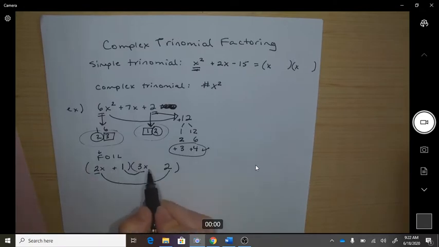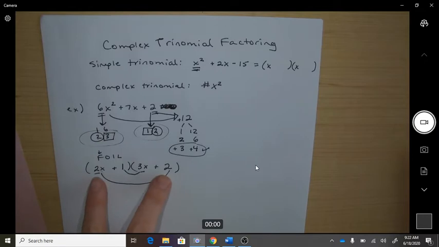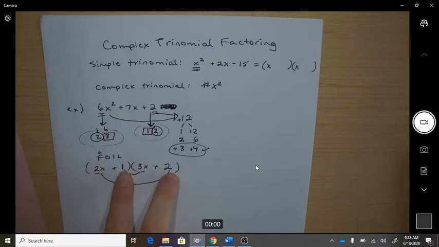And then I'm deciding that they're both positive. So let's check out our foiling. 6x squared, that works. Outsides are 4x and 3x for the insides. That makes my 7. And the last makes my 2. So it's all about the breakdown of the FOIL.